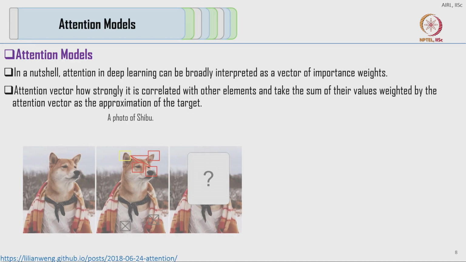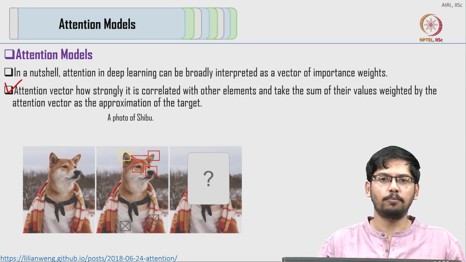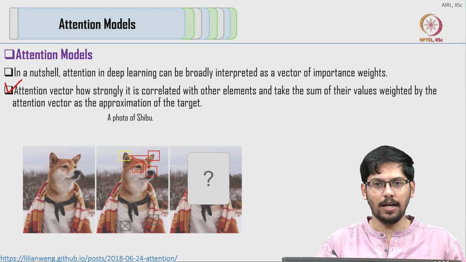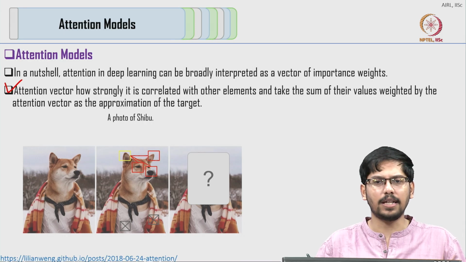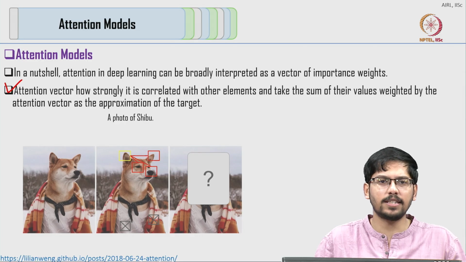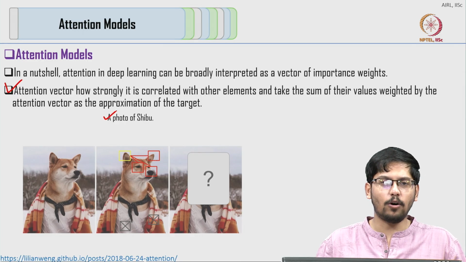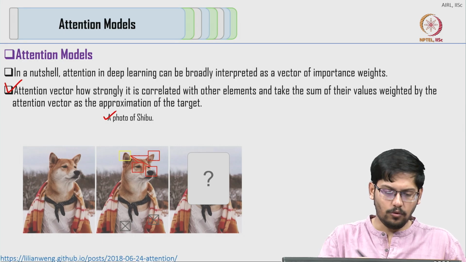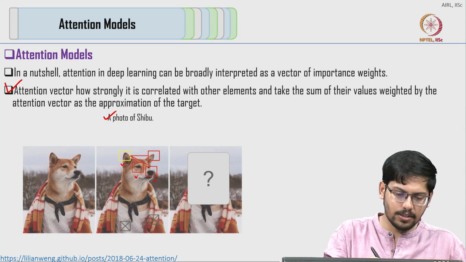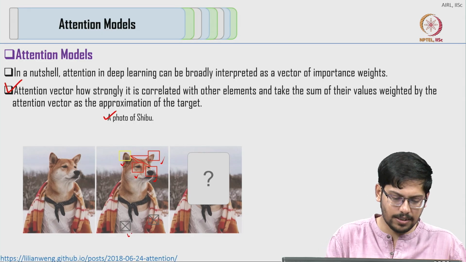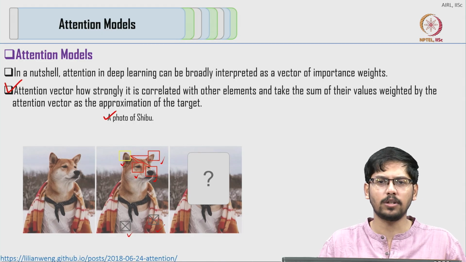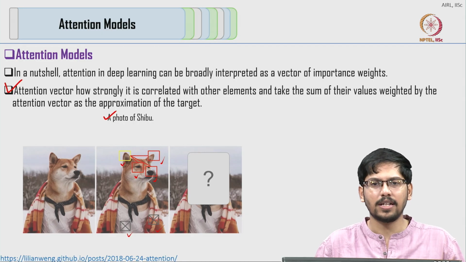Now, the intuition about attention is that attention vectors essentially correlate all the elements in the input. They put a weight on each of these elements, and then based on the task it assigns the priority. So, for example, let us say that we have a photo of Shibu. If we want to identify Shibu, we know that there are certain features which are very important, and certain features which are not that important to identify the class of Shibu.